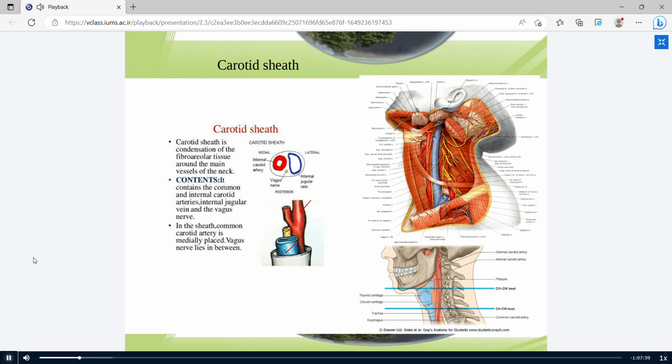The sheath contains the common carotid artery, internal carotid artery, vagus nerve, and internal jugular vein, but the external carotid artery is not covered by the carotid sheath. This is the internal jugular vein, common carotid artery, and vagus nerve. These are the components or contents of the carotid sheath.